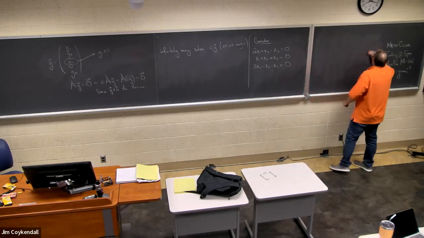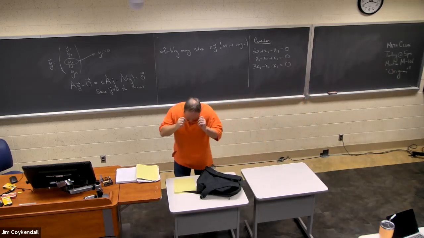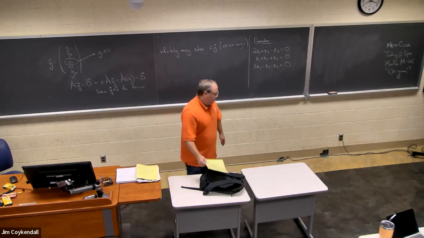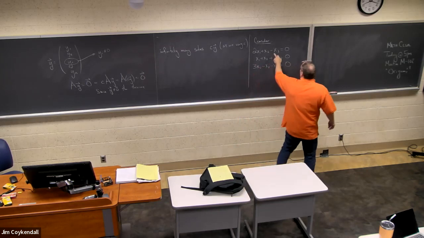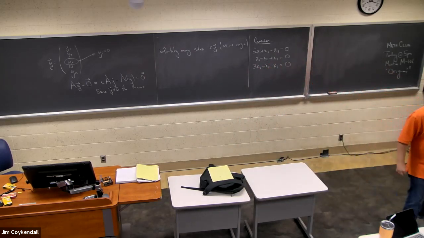Now, I'm going to do this one, and then I'm going to do a variant of it, just right quickly. Notice, of course, it's homogeneous, and so if you let the values of x1, x2, and x3 all be 0, that's a solution. That's essentially the zero vector.